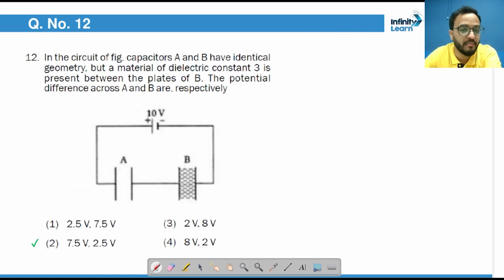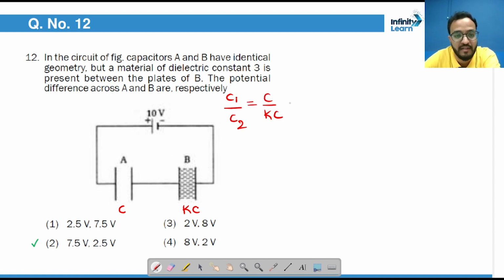No. So question number 12. Now this is an interesting one. Let's say this is capacitance C and this will be Kc. So what is C1? They haven't given anything. Now we will use that logic again. What is the ratio of the capacitances? The ratio of the capacitances C1 is to C2 is C upon Kc. Let's say here the drops are V1, V2 and the capacitances are C1, C2.